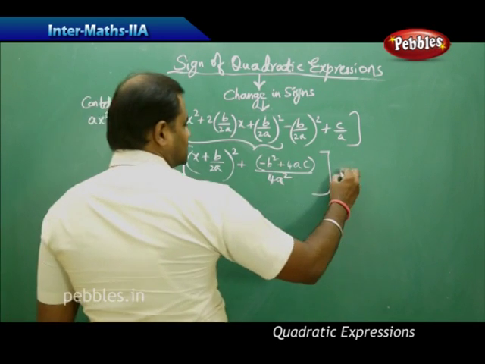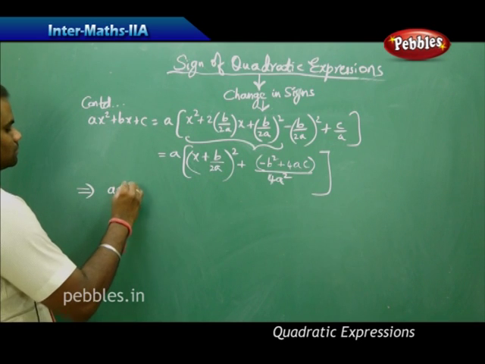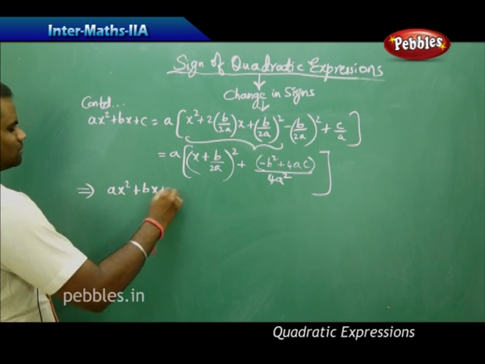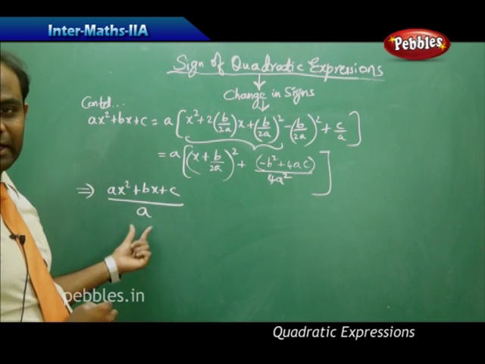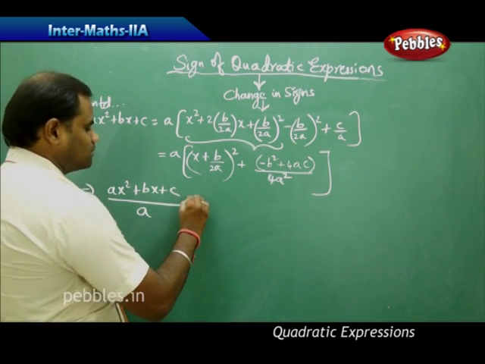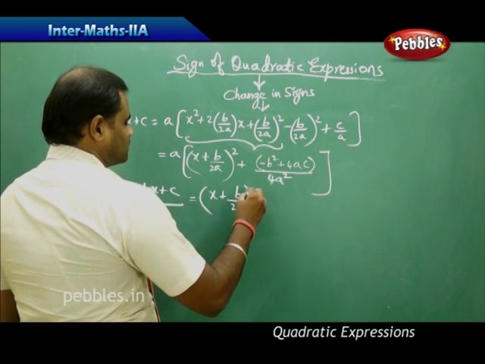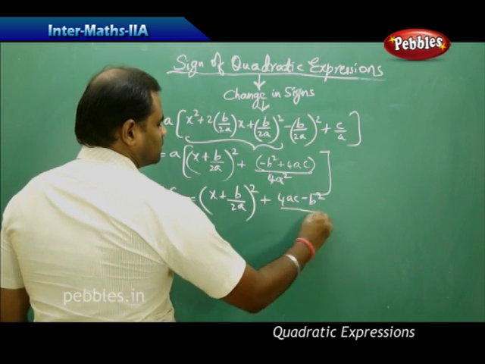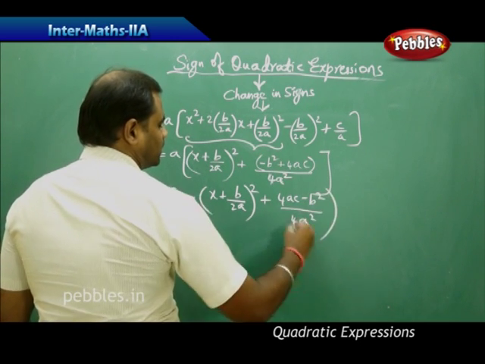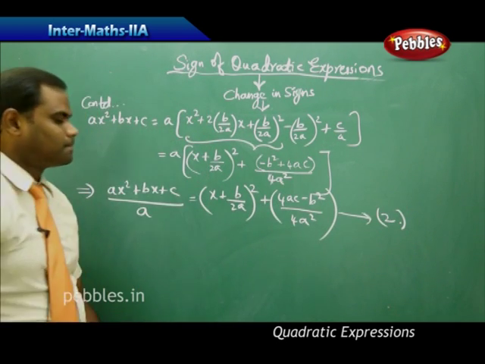Now let me take this a to the left so that this comes out as by a, and this is nothing but x plus b by 2a whole square plus 4ac minus b square by 4a square, which I take as equation 2.